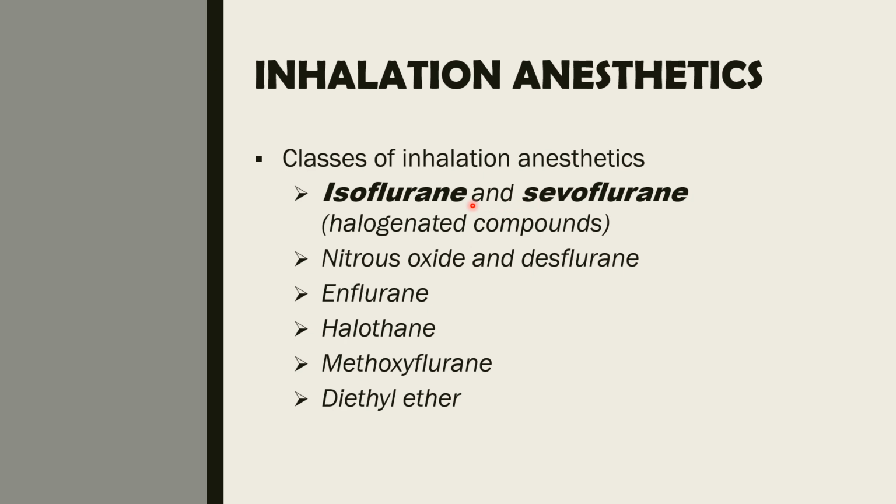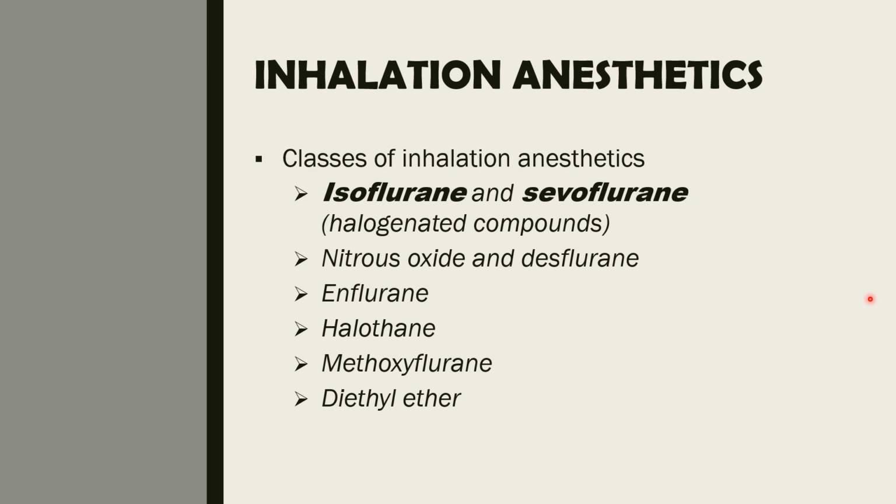Isoflurane is said to be the most commonly used in veterinary medicine, and it is considered a halogenated compound together with sevoflurane. There are other inhalant agents that are not used that much to maintain anesthesia. Examples of this are nitrous oxide, also known as laughing gas.